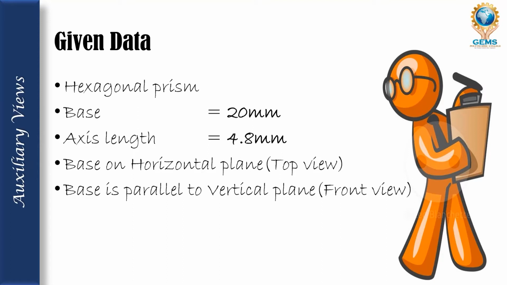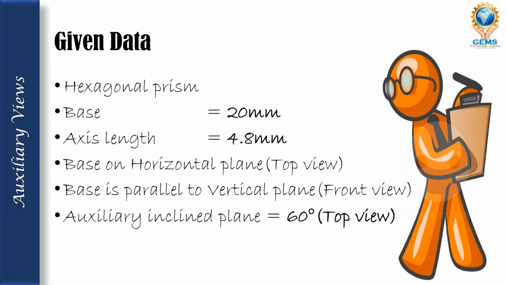And the fifth point is base parallel to the vertical plane, meaning front view, and the auxiliary inclined plane is 60 degrees to the top view. Then the third object which we are going to draw is inclined 60 degrees from the top view. This one we are going to draw in the drawing now.